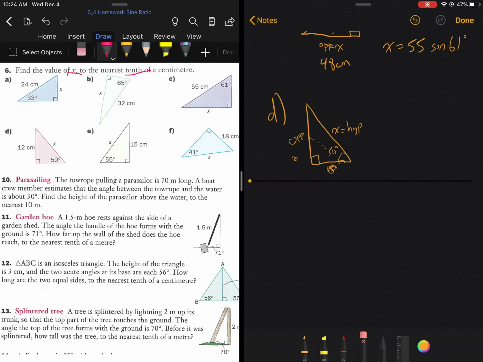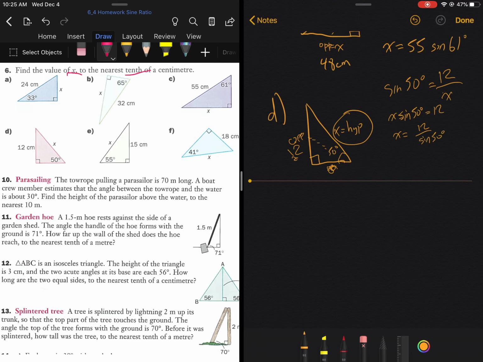So how do we find x? And x happens to be the hypotenuse. So sine of 50 degrees equals opposite. What's opposite here? It's 12. 12 over x. So x times sine of 50 degrees equals 12, or x equals 12 divided by sine of 50 degrees.